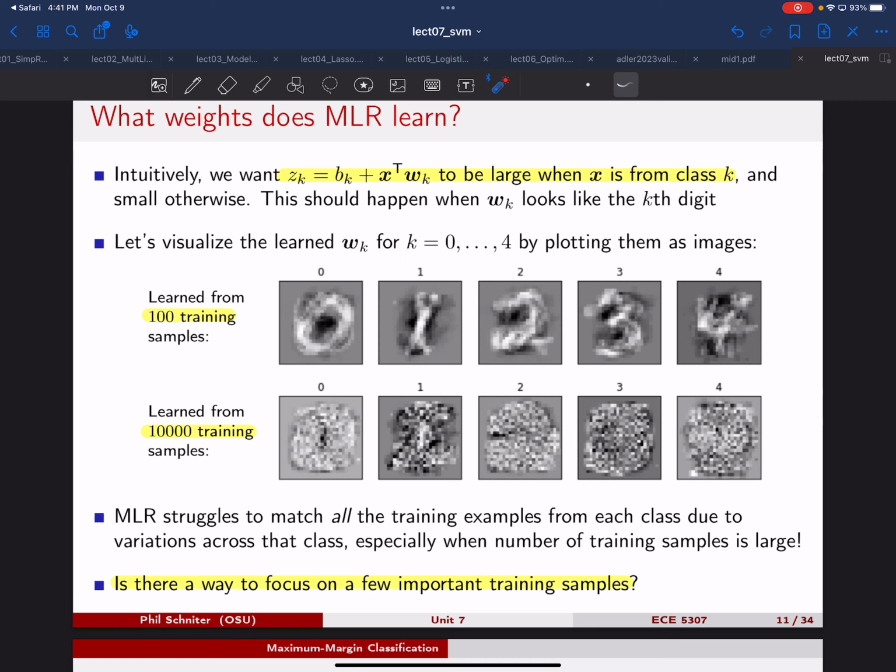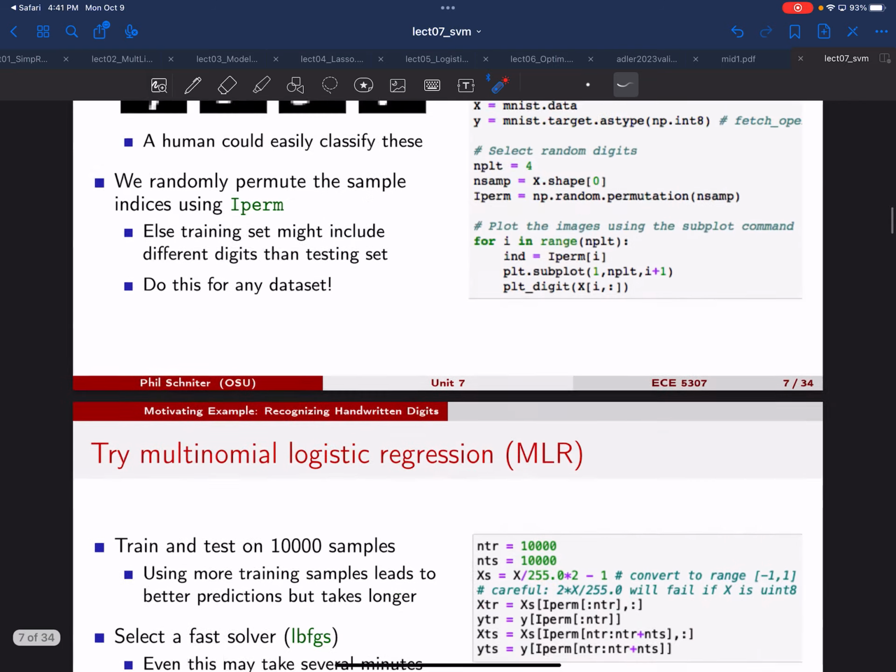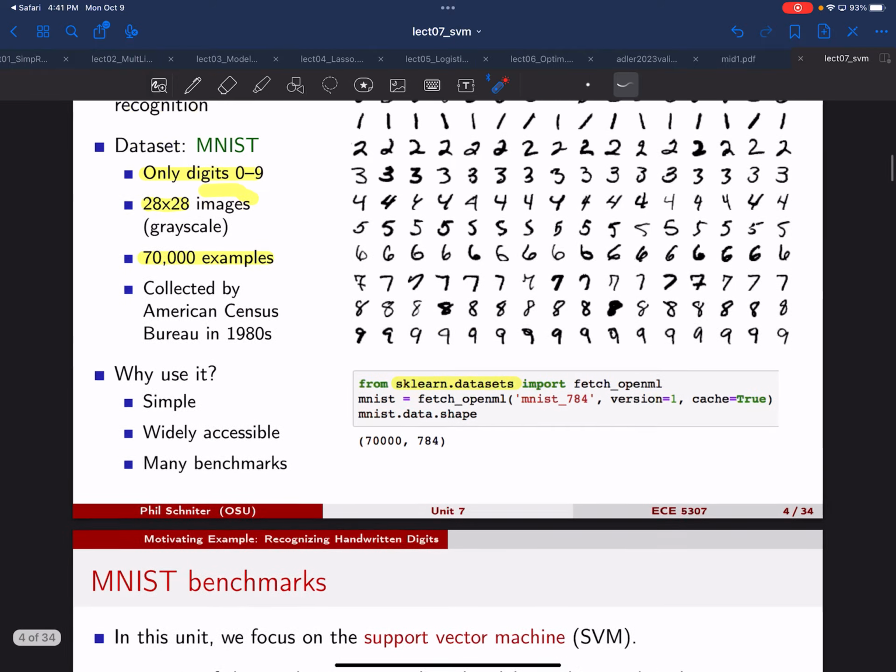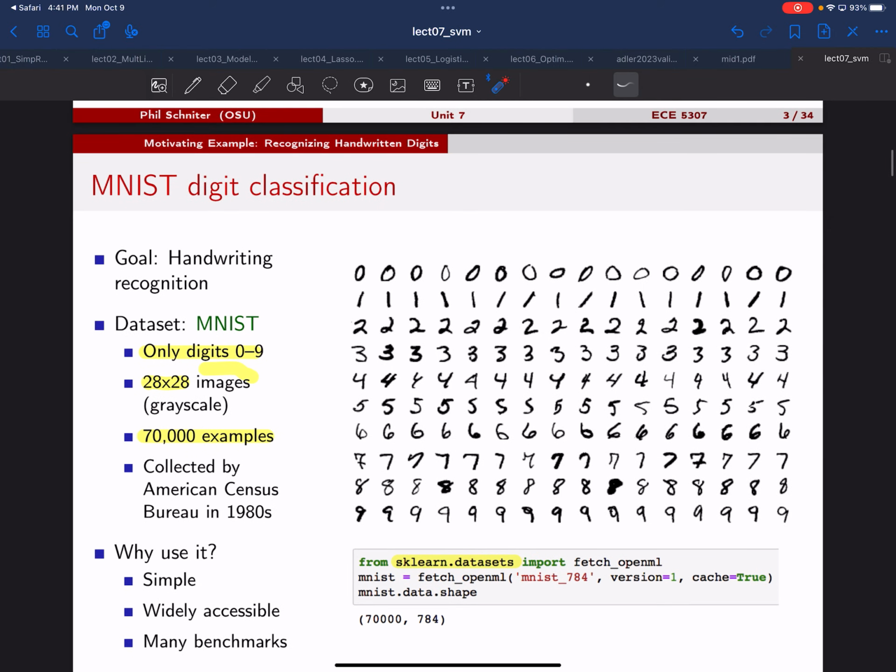Although they have different shapes, so they're not all going to look the same. But they did their best to center them and scale them. Maybe they didn't try to rotate them, but you can see, this is just a few examples, they have different thicknesses and different styles of writing numbers and so on.